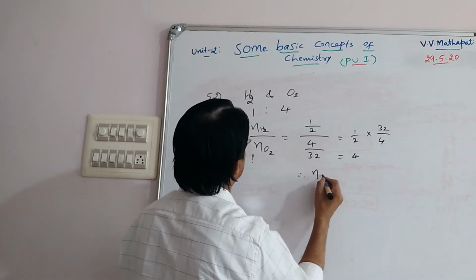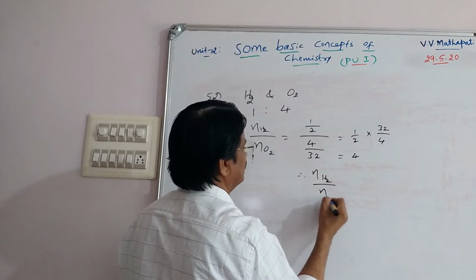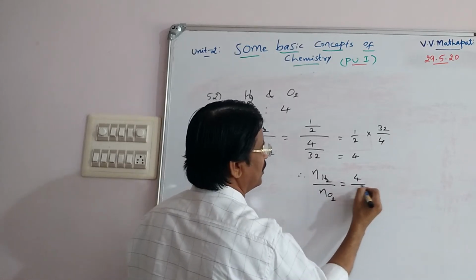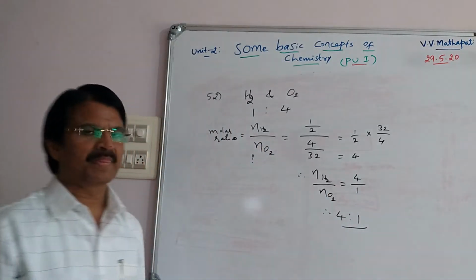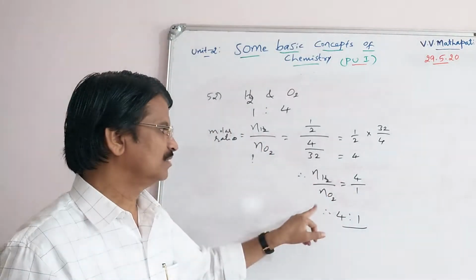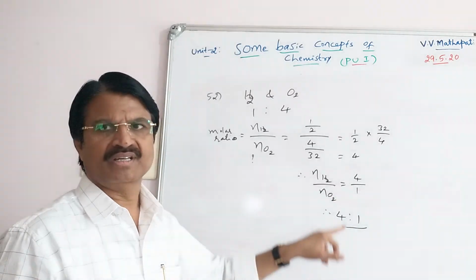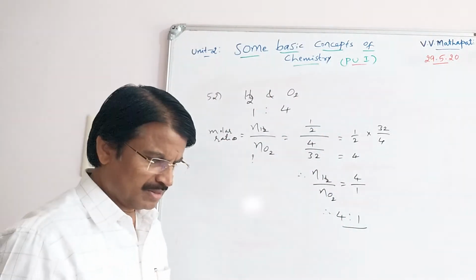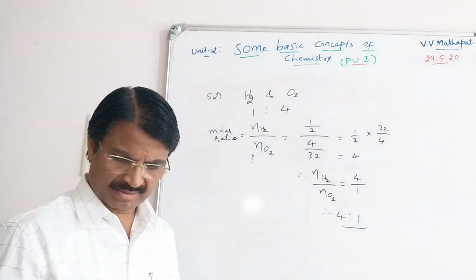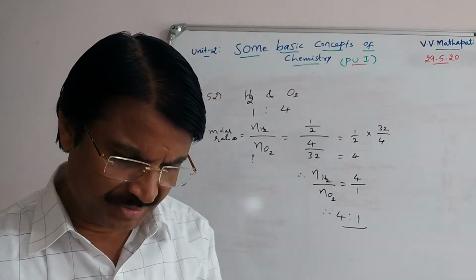Therefore n of H2 by n of O2 equals 4:1. 4 mole of hydrogen and 1 mole of oxygen are present in the mixture. So the answer is 2. Then next question, question number 56.